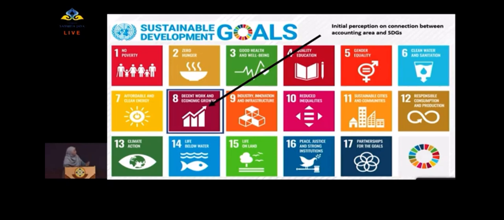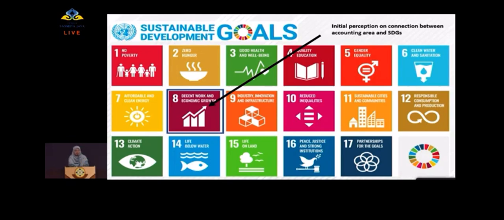Okay, so looking into these 17 SDG goals, in the first place, being an administrator in the university and also an academician, purely accounting, when I first looked into the SDG, I only saw that for accounting we can only focus on SDG number 8, decent work and economic growth, because this is the closest SDG that accountants and accounting researchers can focus on.